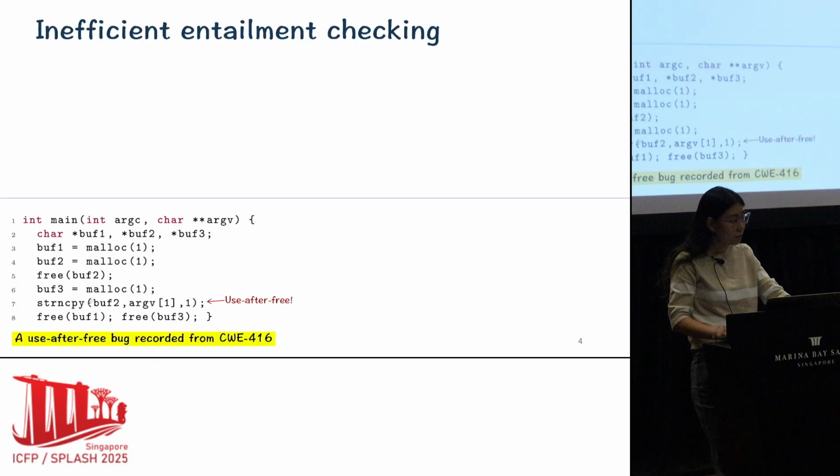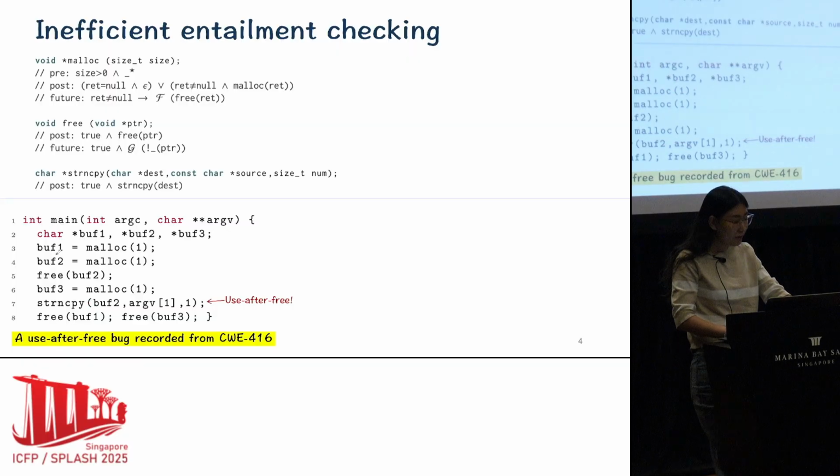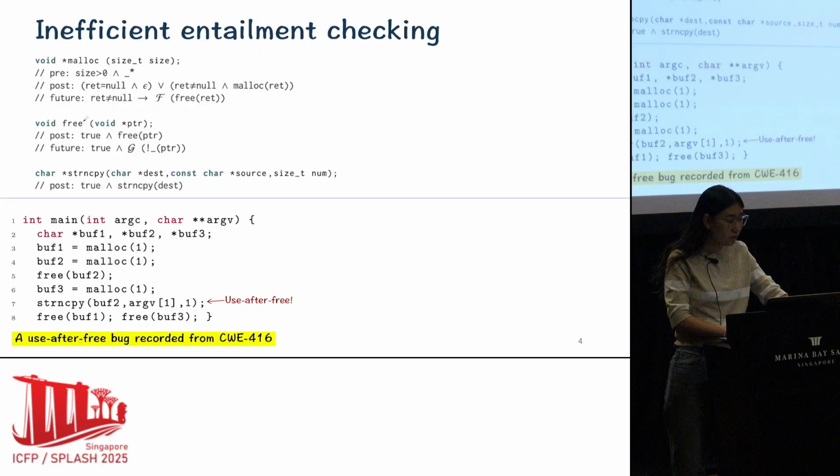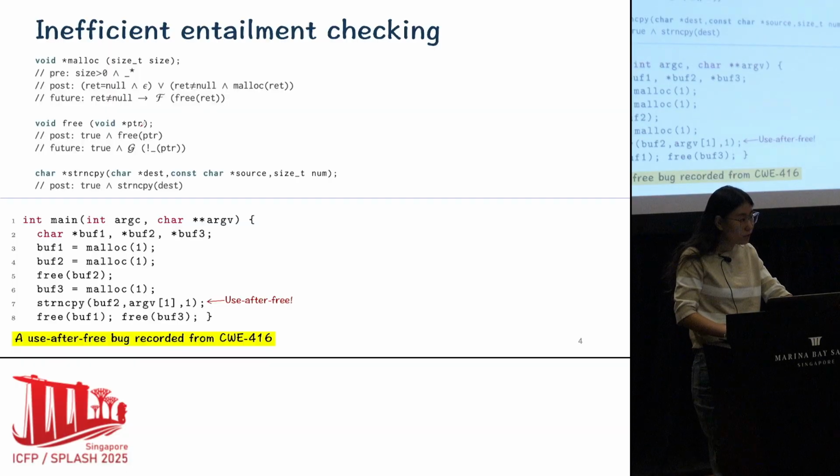We would like to use future conditions and the reasoning techniques to detect such bugs. For that purpose, we define the specifications for malloc, free, and string copy. I have already explained the specification for malloc. Another future condition is introduced for free, which says that for the input pointer, once we free it, then globally do not make use of this pointer anymore.